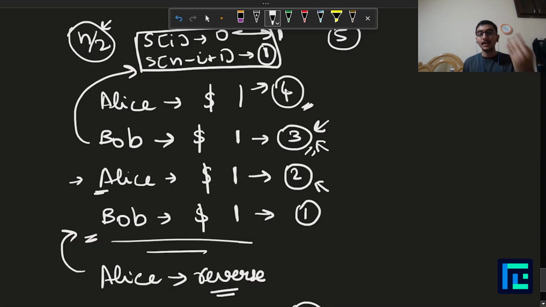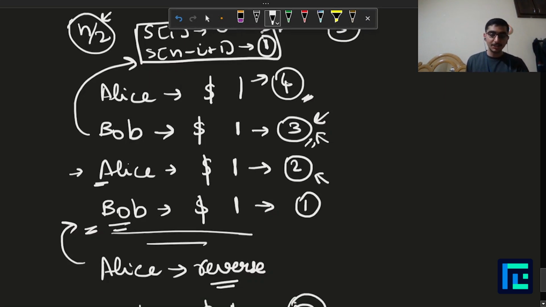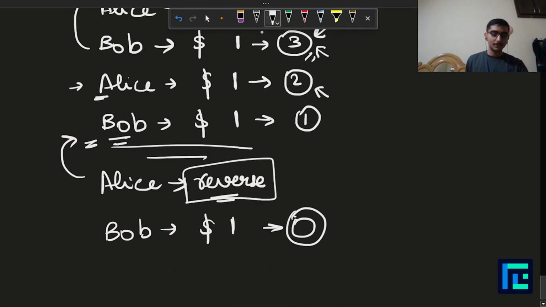She waited for the last opportunity, where Bob had only one 0 left, and then she reversed. So it is kind of the opposite case, and we can show that no matter the ordering of zeros in our string S, Alice can always win if the number of zeros is odd.